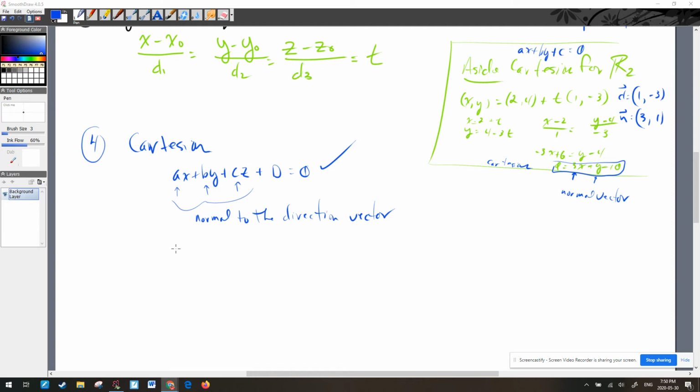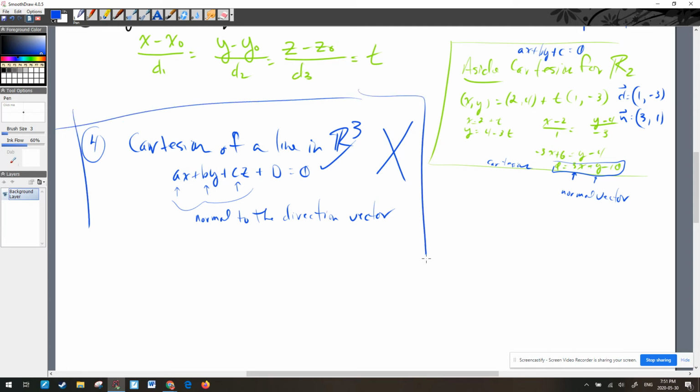There's a whole suite of different lines that are perpendicular to any one line in R3. So, Cartesian equation of a line in R3? No, it doesn't exist. That's why I said I don't want you to include this one.